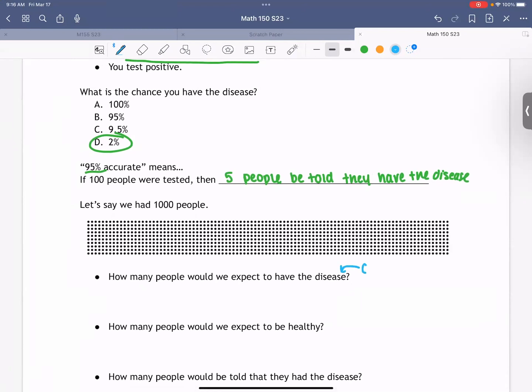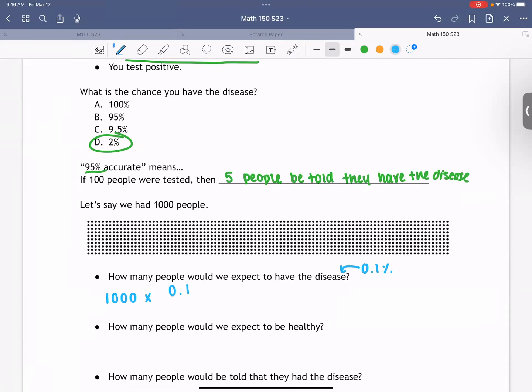Remember, the disease has a 0.1% chance of getting it. So what would I do to figure out how many people actually have the disease out of 1,000? Really close, 1,000 times the 0.1%. But remember, 0.1 is a percentage.